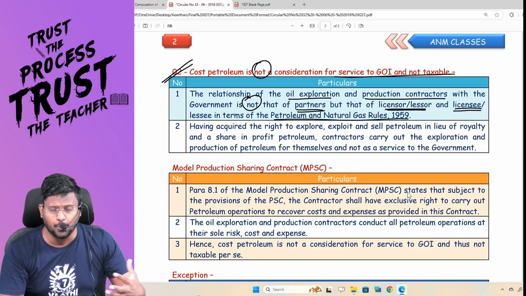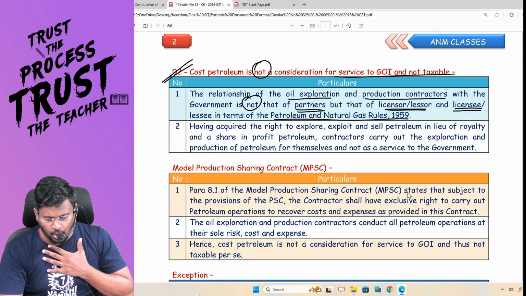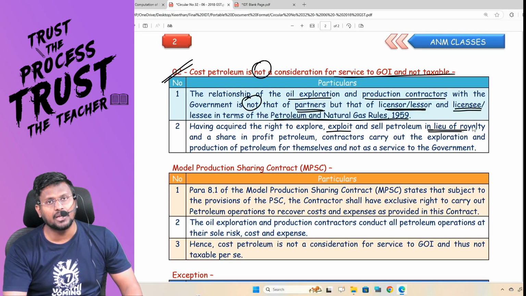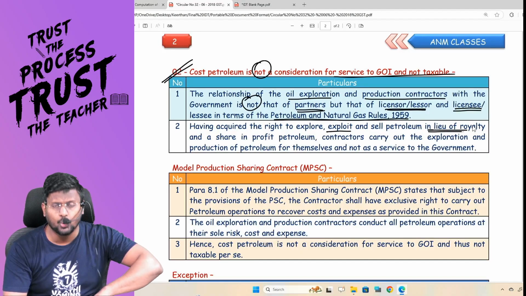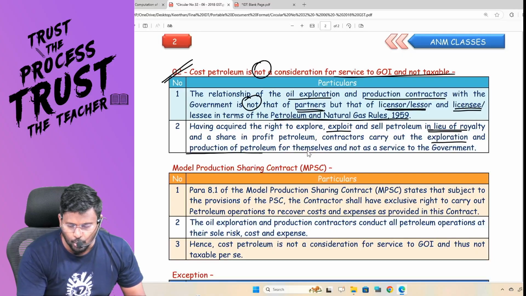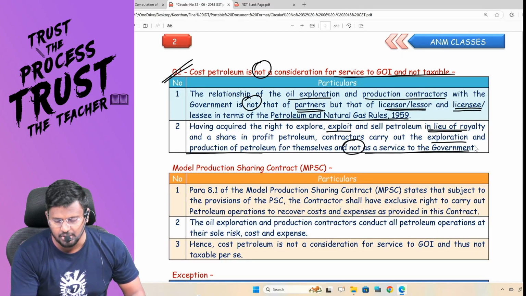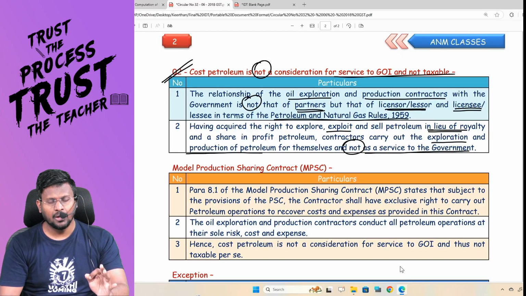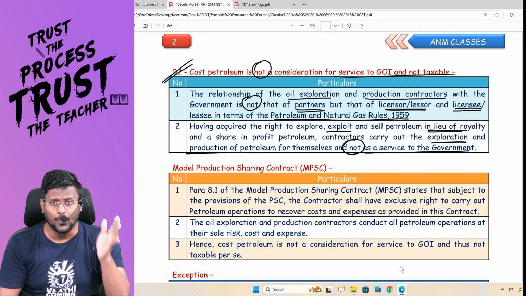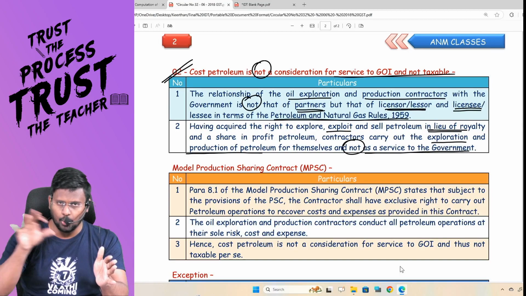Having acquired the right to explore or exploit and sell petroleum in lieu of royalty and share in profit petroleum, the contractor carries out exploration and production of petroleum for themselves and not as a service to the government. Hence, cost petroleum is not a consideration for services provided by the government to the OEPC.